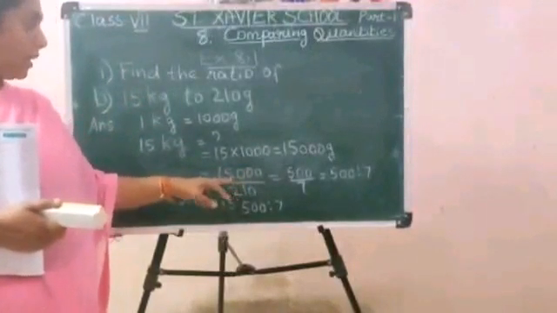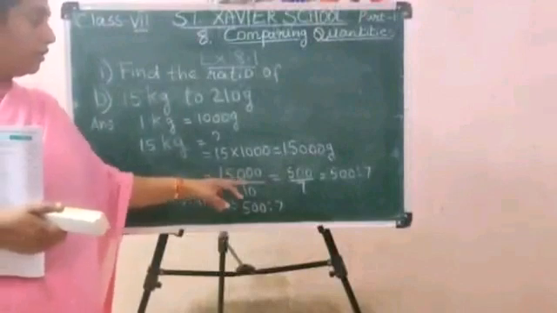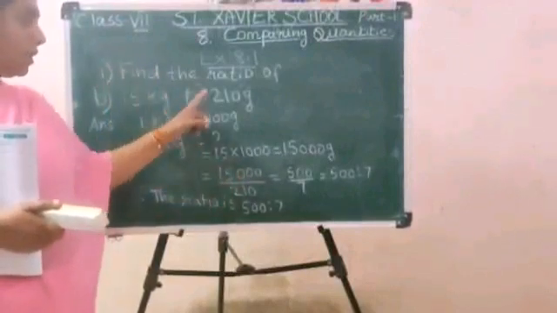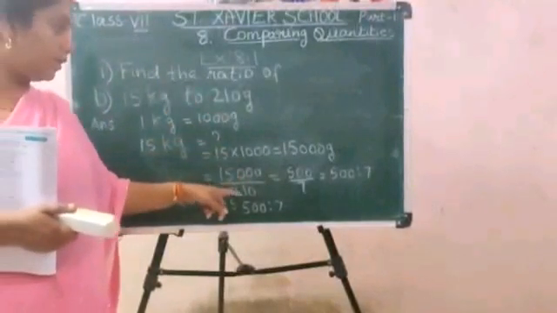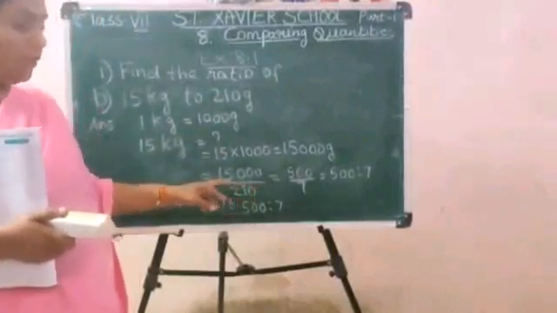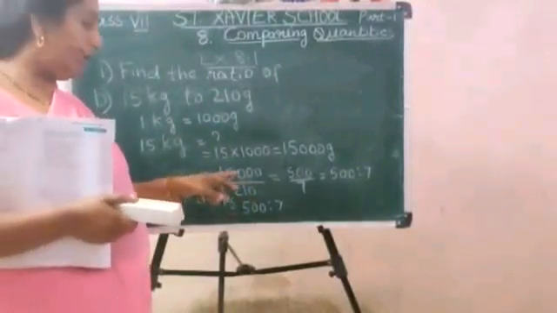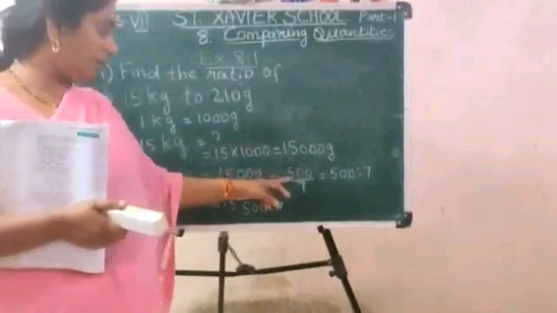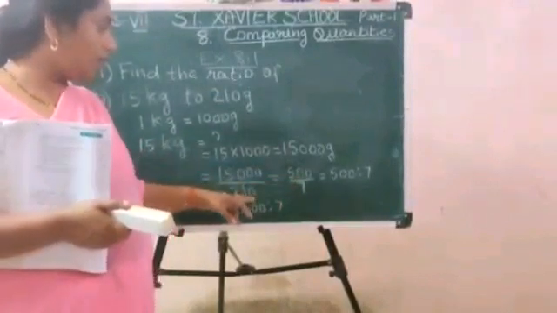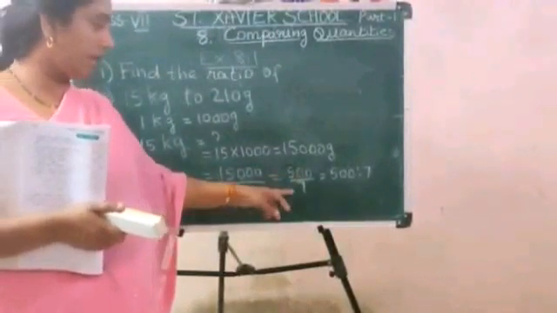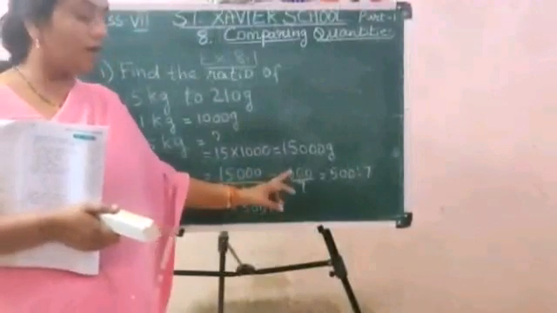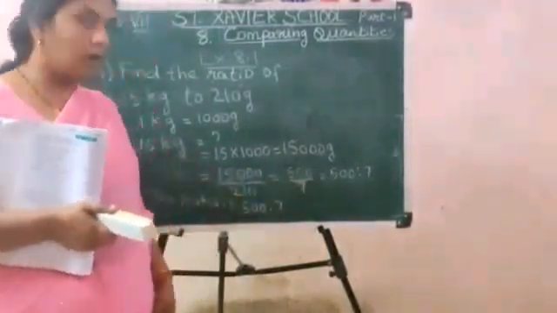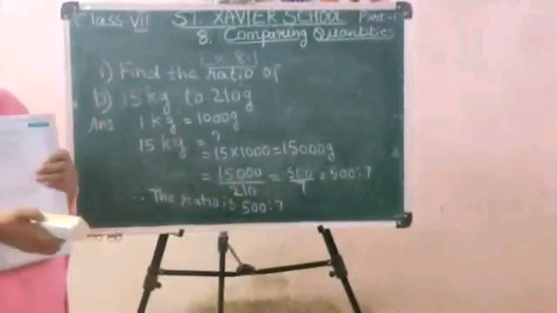So 15,000 grams divided by 210 grams. When you simplify, in the 3 table, 15 will come at 5 times, so it is 500 divided by 21, which is 7 times, and the 0 is simplified. So 500 by 7. The ratio we have to write is 500:7.